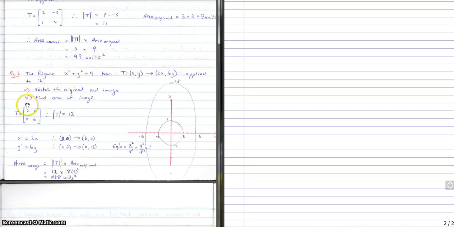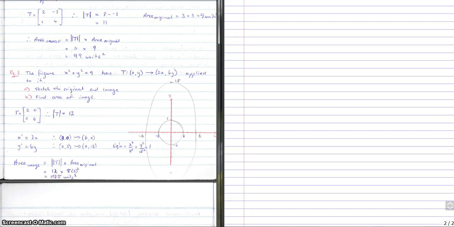The determinant is going to be 2 times 6 is 12 minus 0, so it's 12. So the area of the ellipse, we don't need to go through any complicated formula to work out. We can simply go 12 times the area of the original circle, which is 108 pi square units. So go back over that again if you need to, and we'll leave it there for this video.